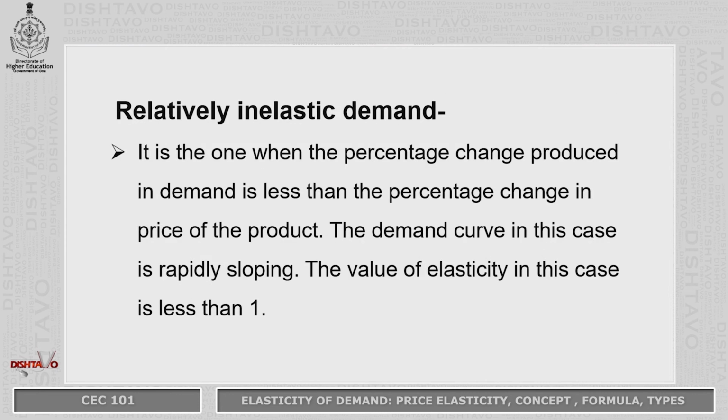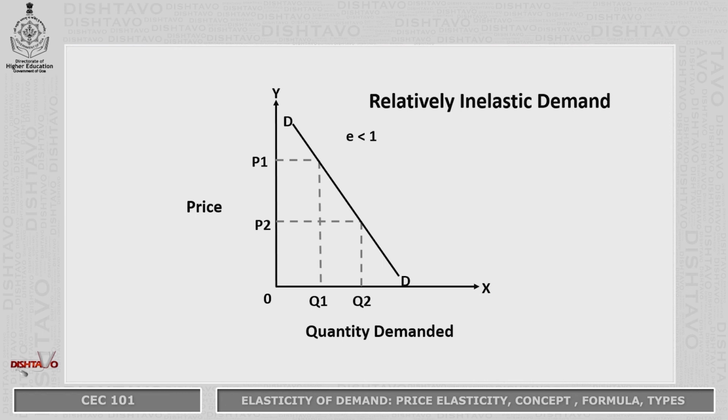The next type of elasticity of demand is relatively inelastic demand. It is when the percentage change in demand is less than the percentage change in the price of the product. The demand curve in this case is rapidly sloping and the value of the elasticity is less than 1. Mostly this happens in case of necessities.